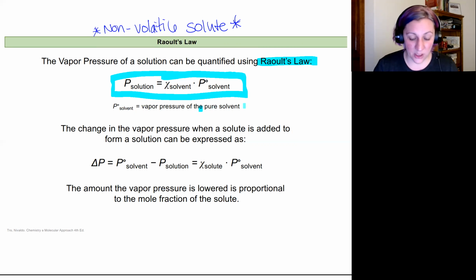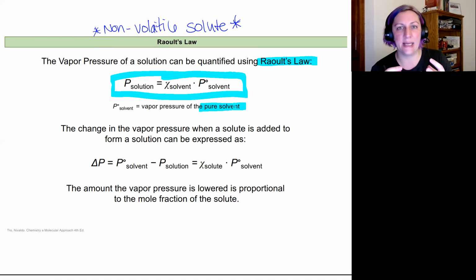So the pure solvent, and what we're doing is we're basically making a correction, right? We're saying, well, if this is our solvent and it doesn't have any solute particles, we know this would be its vapor pressure. Now we're going to correct that for the presence of solute particles by multiplying it by the mole fraction of the solvent, and that'll give us the actual vapor pressure of the solution.